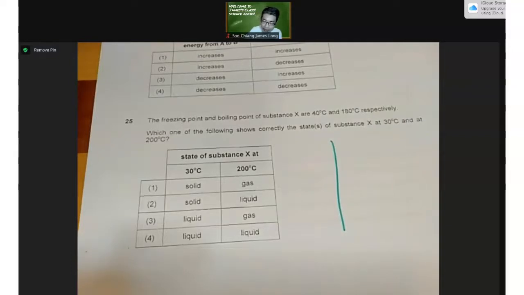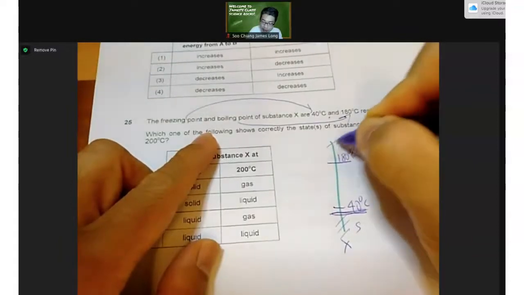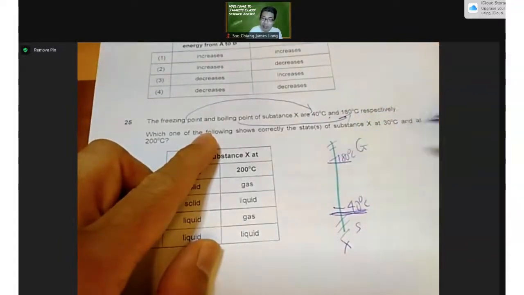And we have freezing point at 40 degrees Celsius. Okay, so anything below here is a solid, and then the boiling point is at 180. So this is my 180 degrees Celsius. So anything above here is gas. In between here will be liquid.